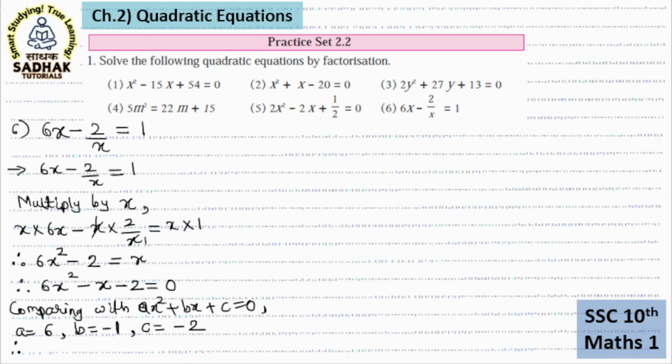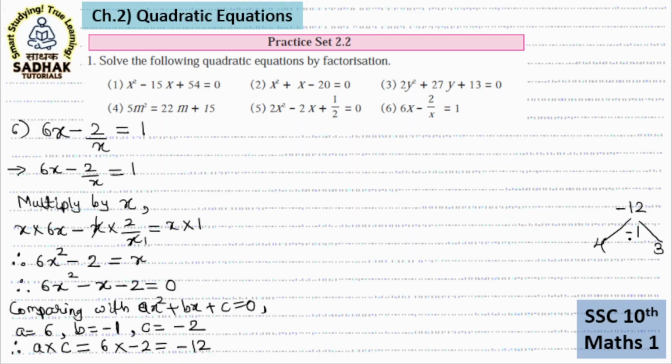Okay, therefore a multiplied by c will be 6 multiplied by minus 2, that is minus 12. So we have to find the factors of minus 12 in such a way that their addition must be minus 1. So the factors will be 4 and 3.